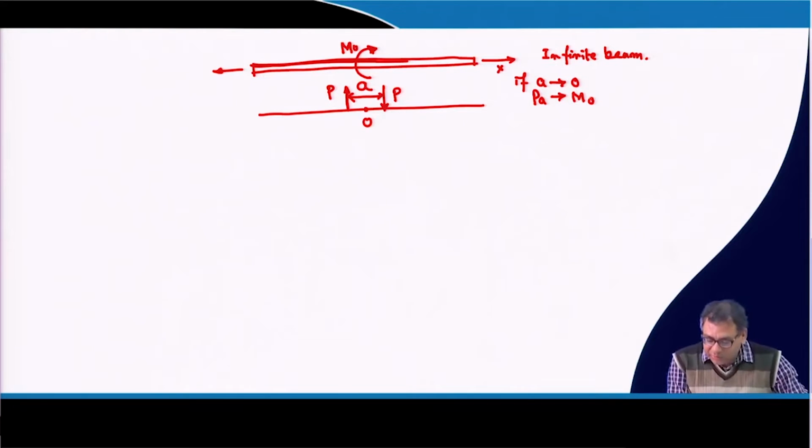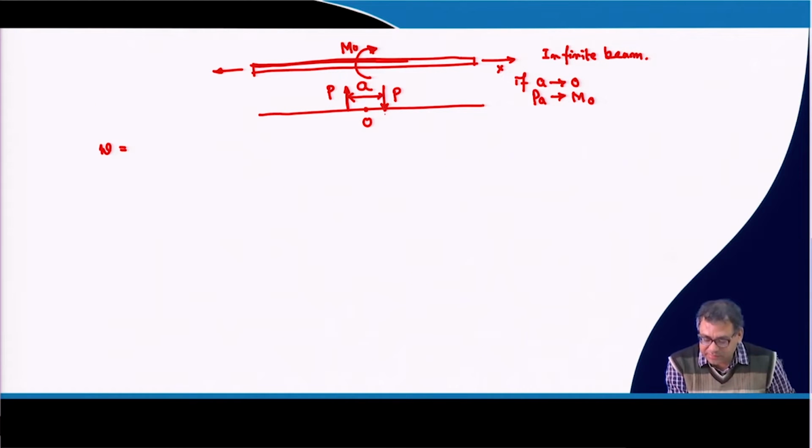Now what will be the deformation due to this condition? The deformation w will be, since it is an infinite beam, from the downward acting force.